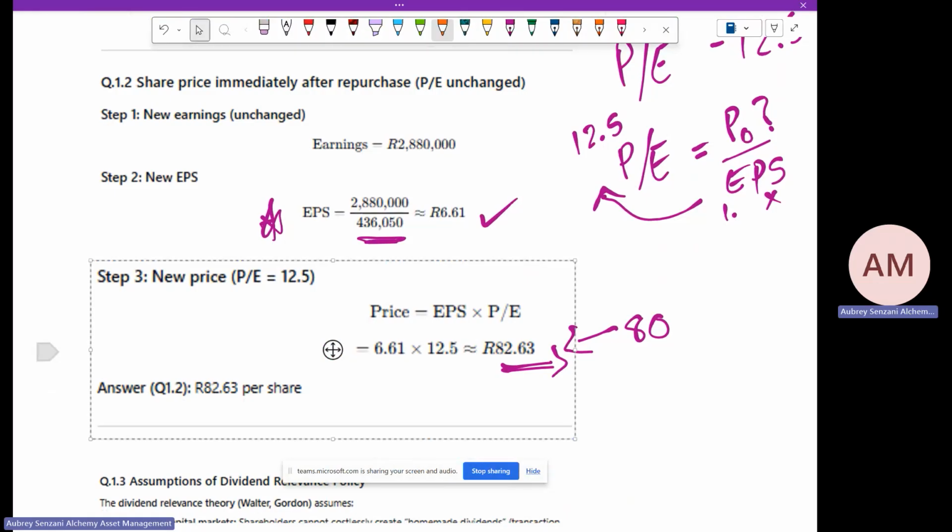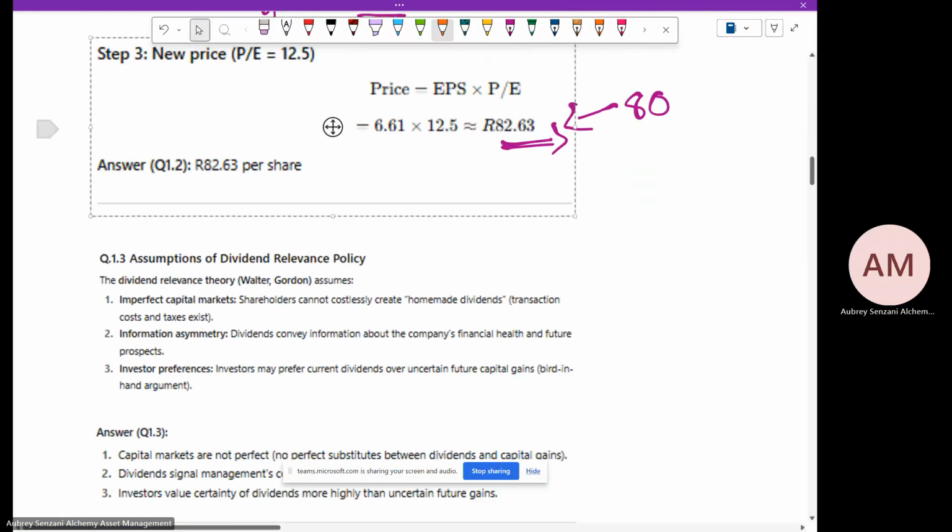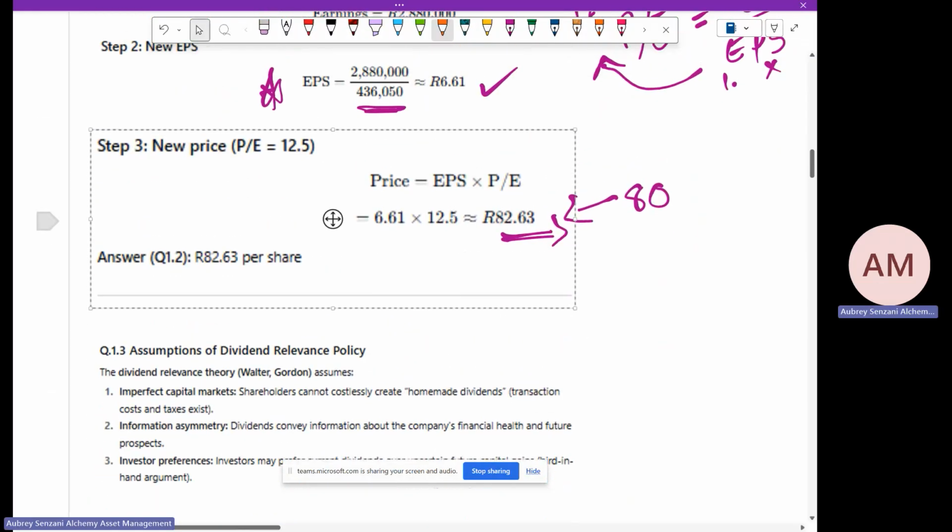The question there that they're asking for 1.3 is, they said there's a huge discussion going on in the company between management, and they are speaking to does dividends or dividend policy have an impact on the share price of a company? Okay, so that's the context that they give you. Then they say, list any 3 assumptions that the dividend relevance policy makes.